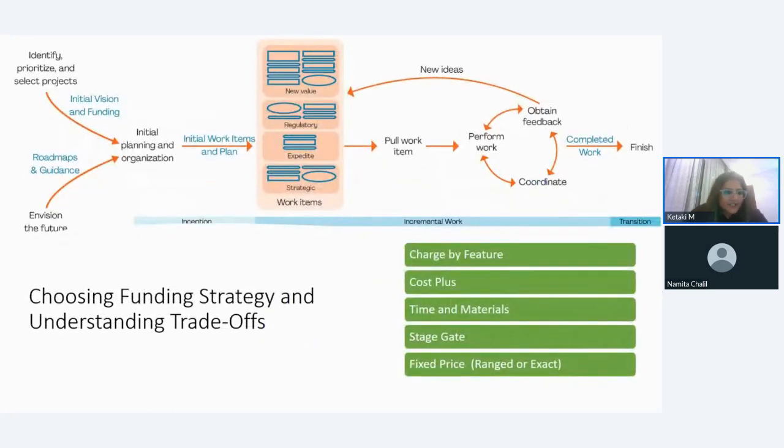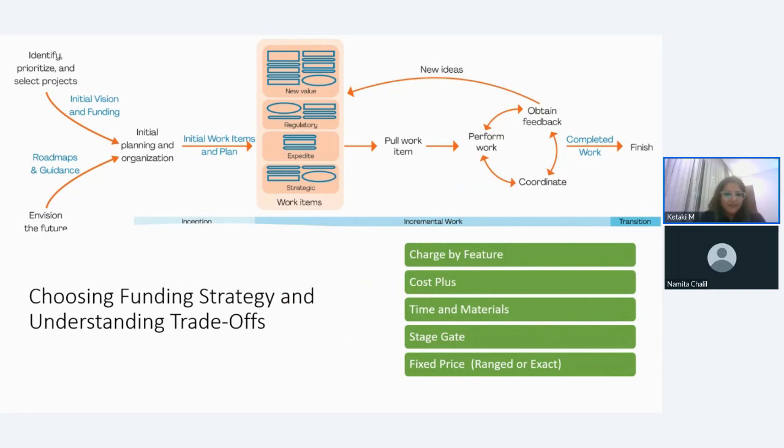Now, meanwhile, I'm going to just run over this diagram and talk about the choice of the funding strategy and understanding really the trade-off for choosing a particular funding strategy. Now, this also goes back to communicating with your stakeholders, the sponsors of your projects, to really get into the details of what works best in your context, the program that you're handling, the cultural aspects that you're handling, the people that you're going to make the product with, right?